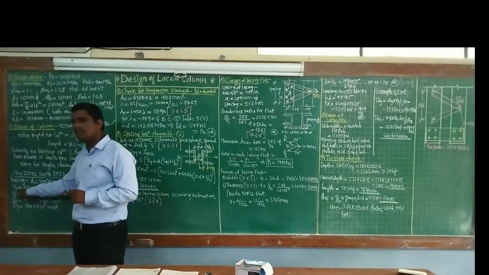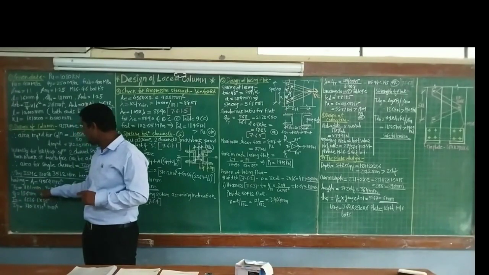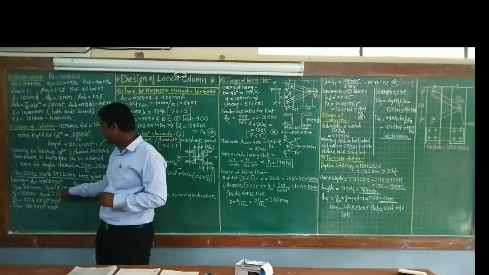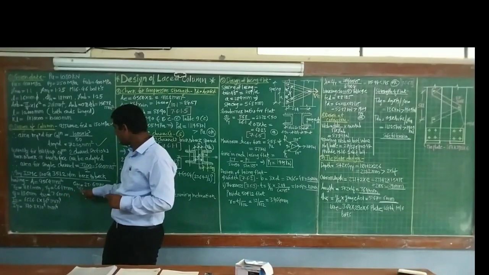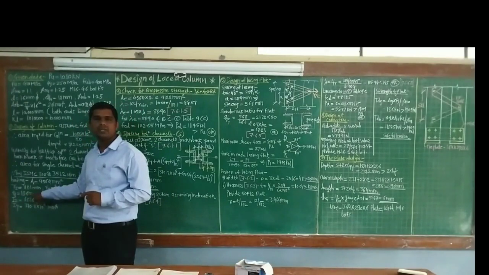The radius of gyration about the z axis is 118.1 mm, about the y axis 26.1 mm, and the thickness of flange is 13.6 mm.